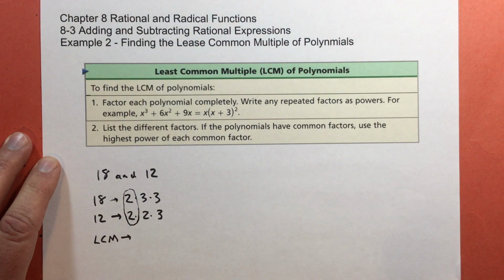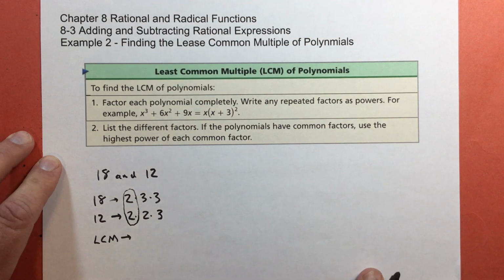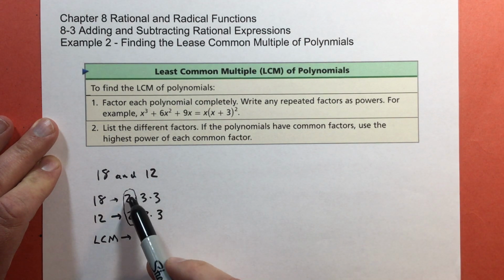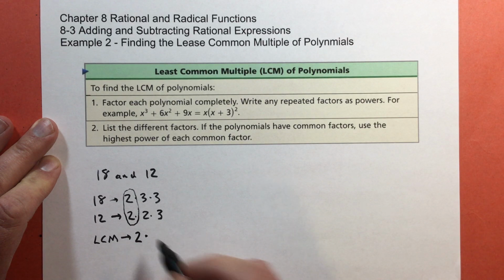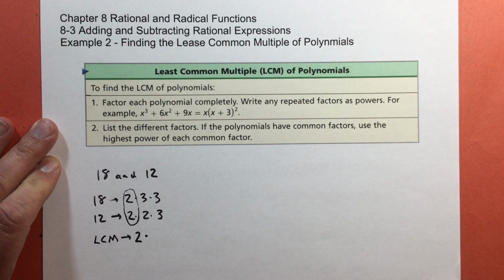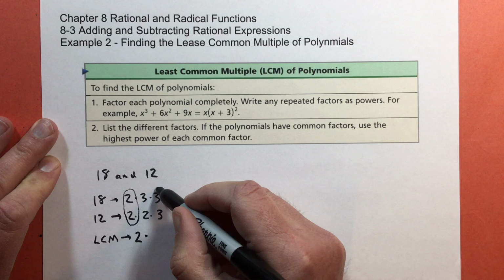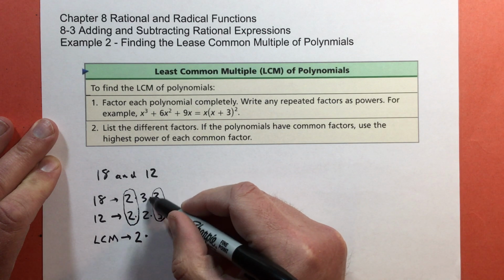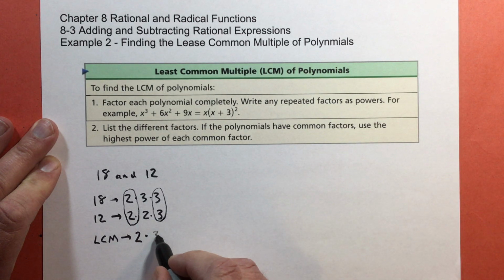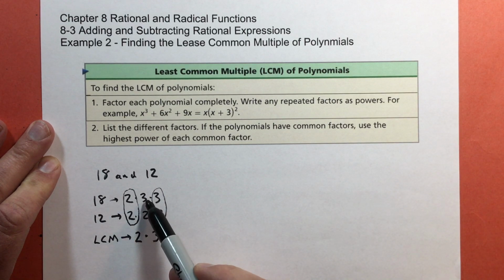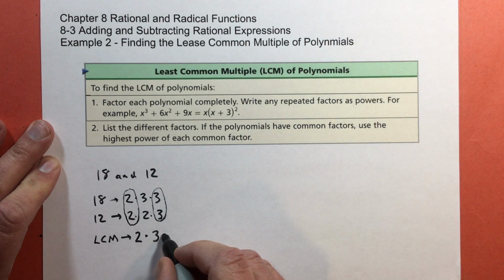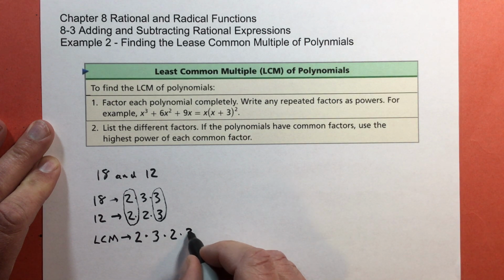There's no reason to write a circle. I'm just trying to draw attention to the fact that they are shared. Okay? The 18 has a 2, so does the 12. So the LCM has to have one of those 2's. Same thing with the 3's. They both share a factor of 3. Now, 18 has another factor of 3 and 12 has another factor of 2. So I need to include both of those.